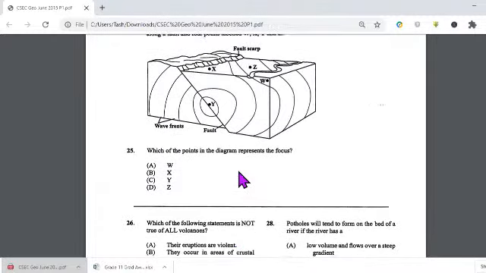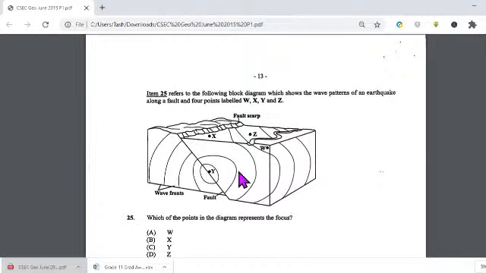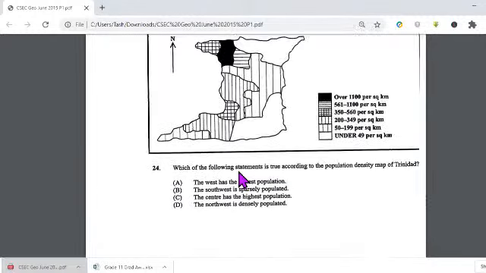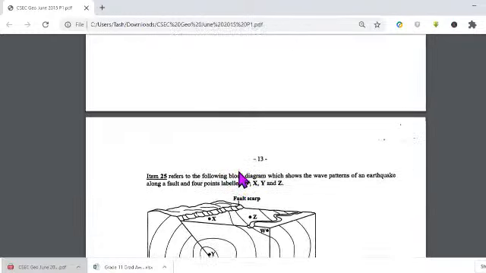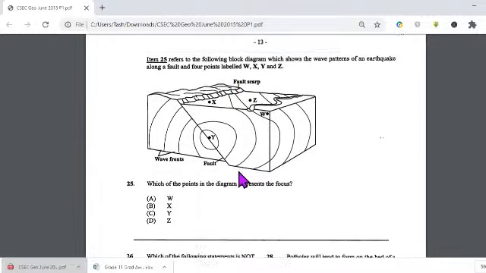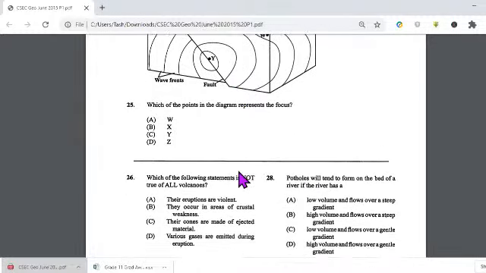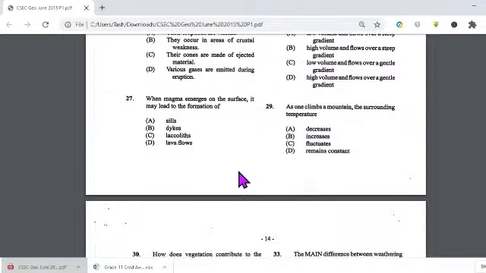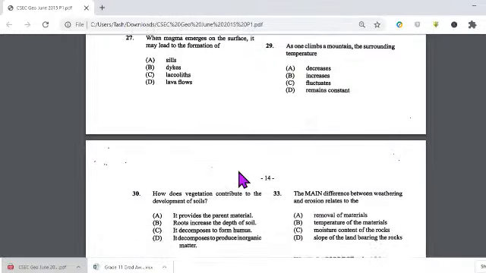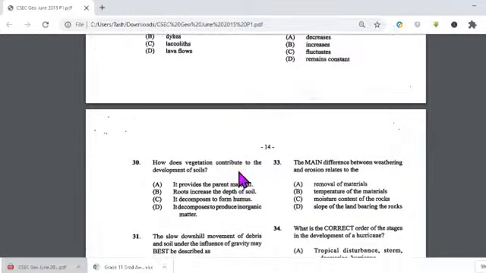Notice that we went from number 1 all the way to number 25 with only practical questions, mostly map work or something where you need to read a graph or a table, etc. So we did 25 questions in total out of the entire 60 that you're going to get that had practical skills involved. So now we are on to the questions that do not require that much of us at this point. So we're at number 30.